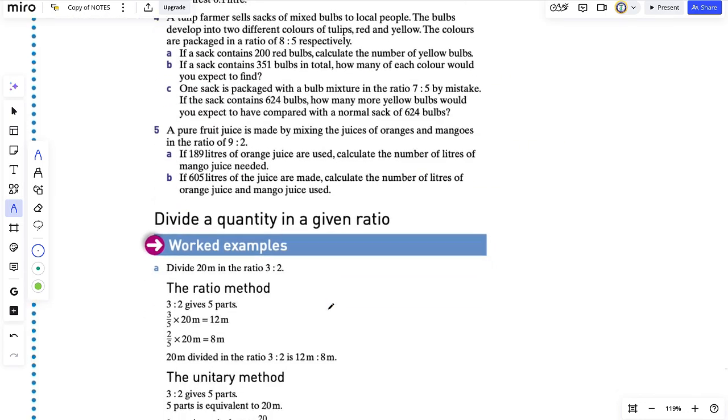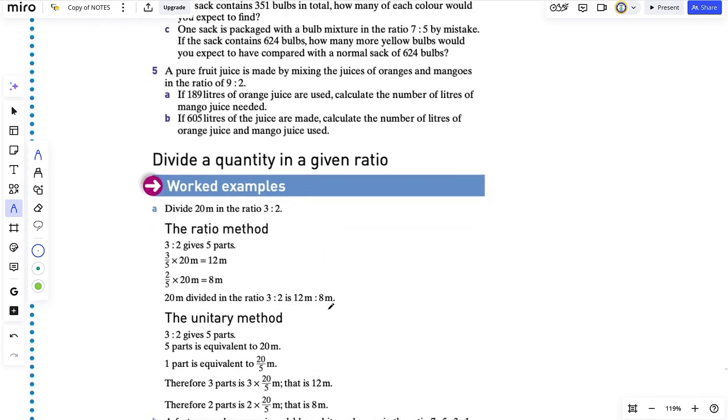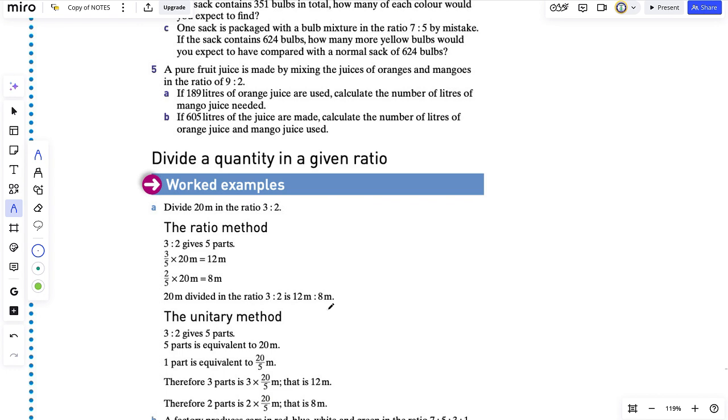Now let's go to how to divide a quantity in a given ratio. This one we did in chapter 5. I think we already understood this concept. Divide 20 meters in the ratio of 3 to 2. So first we write the ratio out and we find the sum of the ratio.